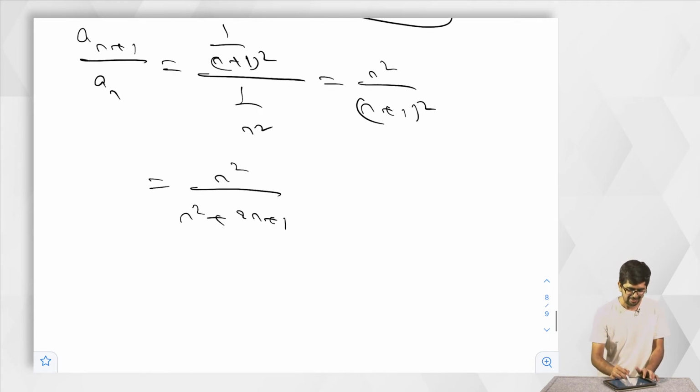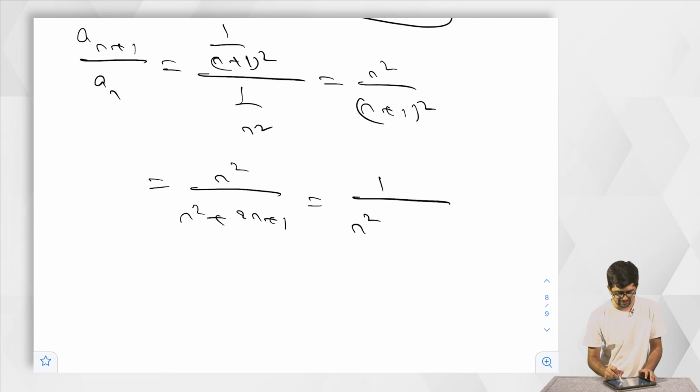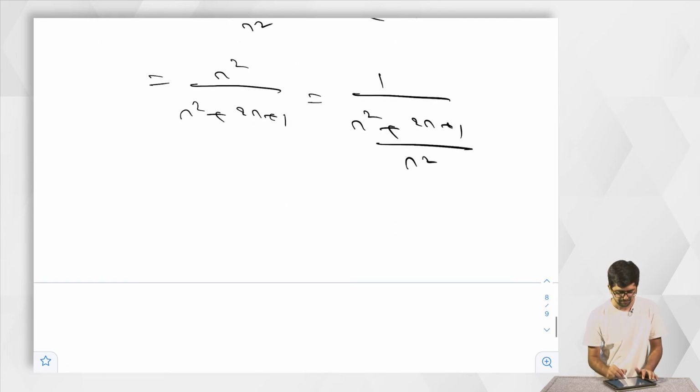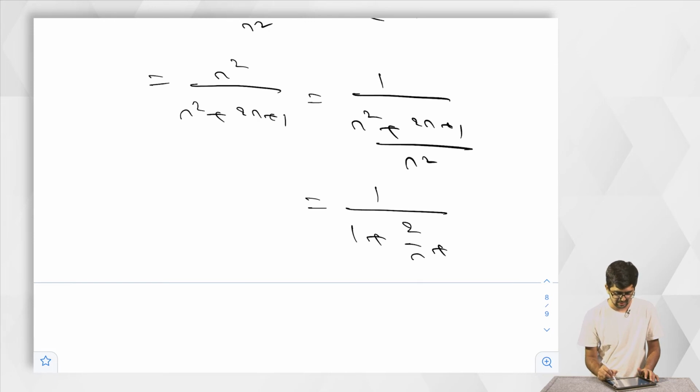So what we have is 1 by (n square plus 2n plus 1) by n square, which is 1 by 1 plus 2 by n plus 1 by n square.